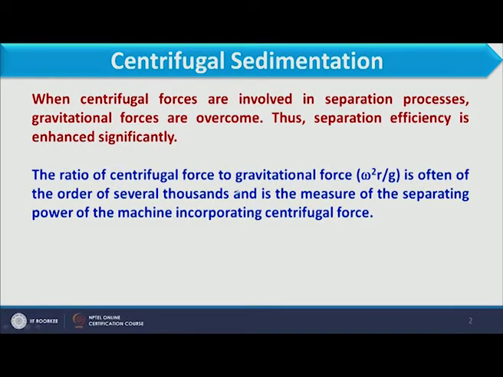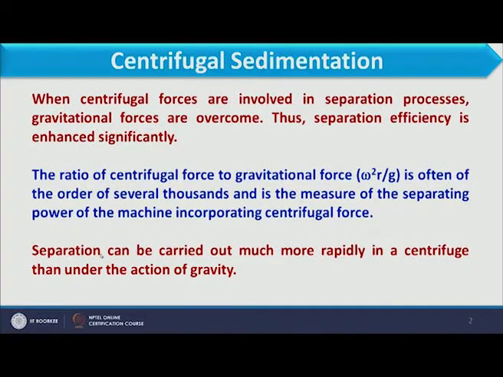Now, if we consider the centrifugal forces as well as gravitational forces, the centrifugal forces are very high in comparison to gravitational forces. The ratio of centrifugal force to gravitational force, that is omega square r over g, where omega square r is due to centrifugal force and g is due to gravitational force, is often of the order of several thousands and is a measure of the separating power of the machine incorporating centrifugal force.